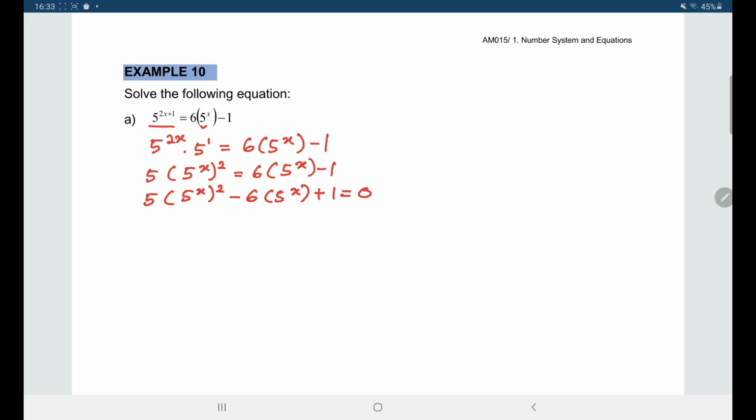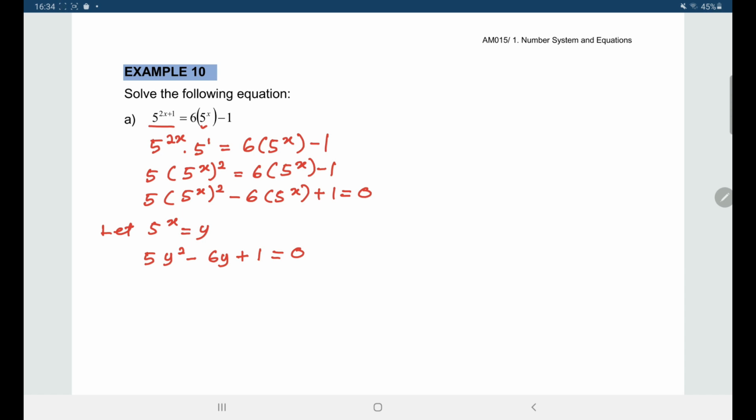Next, by using the substitution method, let 5 to the power of x equals to y. So you can write 5y squared minus 6y plus 1 equals to 0.